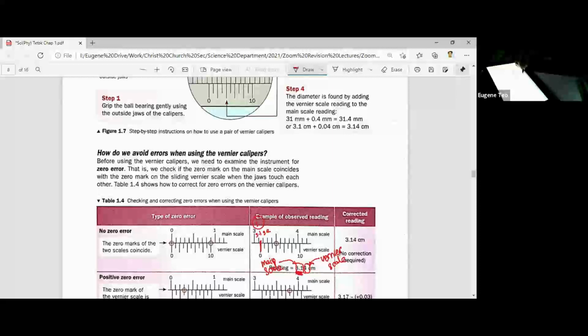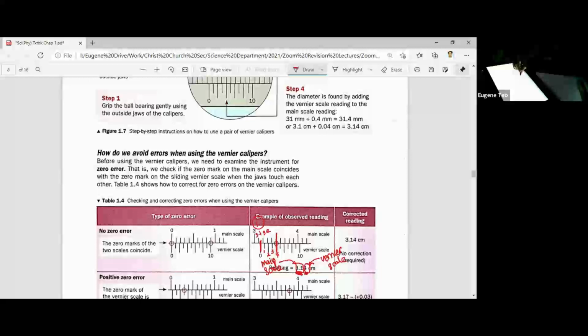Now, in terms of the vernier scale, the number 4 over here, how did we actually get 4? You need to now read the vernier scale. This is 0, this is 1, this is 2, this is 3, now for 4. How do I know the 4 is the correct reading? Because to read the vernier scale, you need to find the alignment of the vernier scale with the main scale.